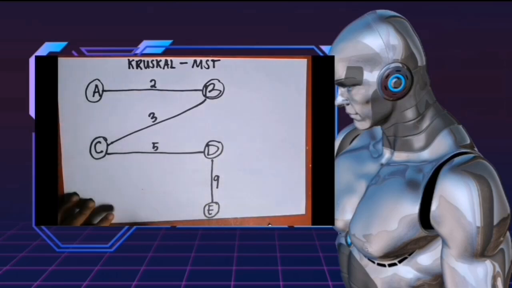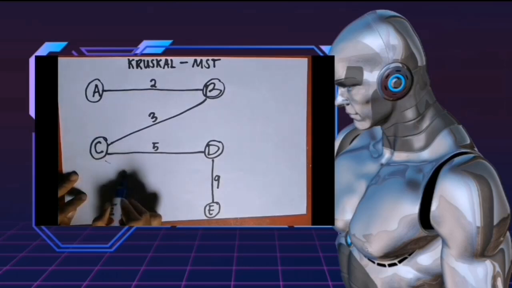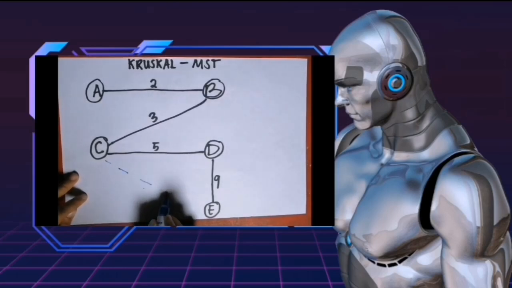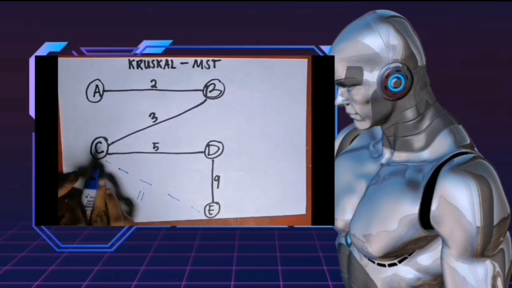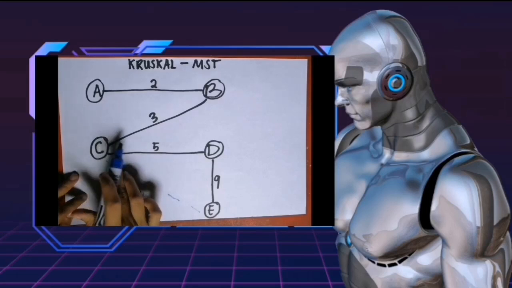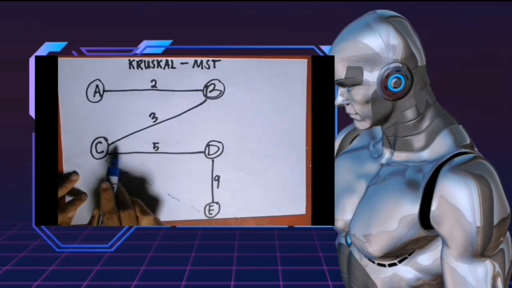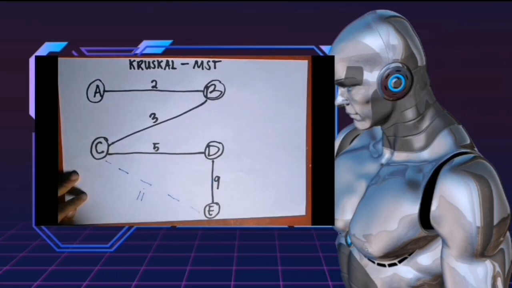Let's write 9. Let's continue. We have 11. We have to connect C and E. But if we connect C and E, it will form a cycle. And according to KRUSKAL'S algorithm, it should not, because it might contradict the fundamental definition of a tree. There are consequences if it forms a cycle.